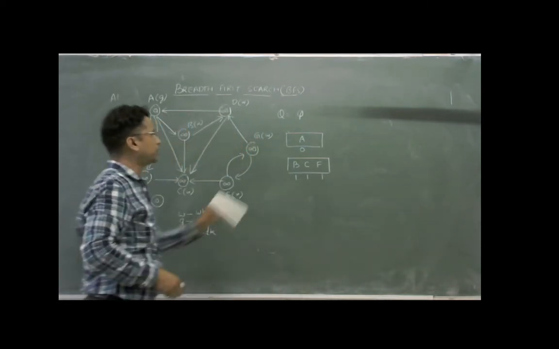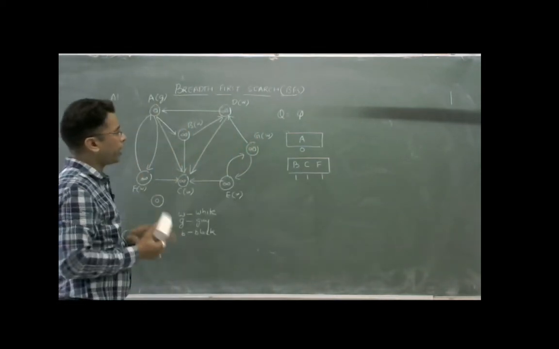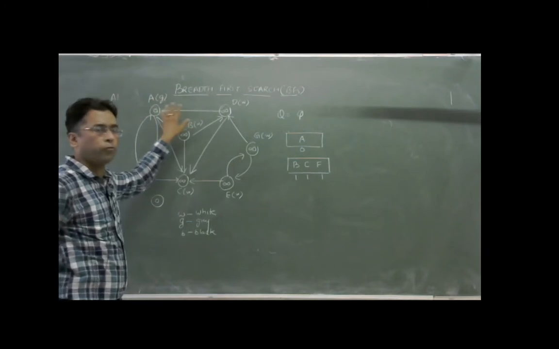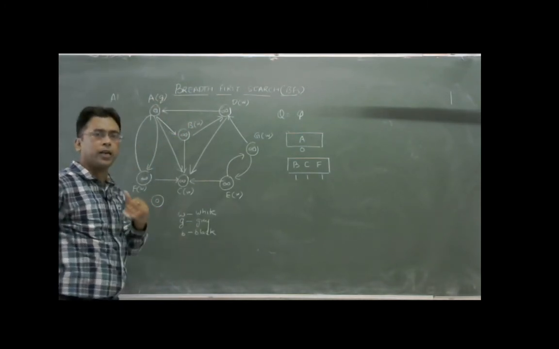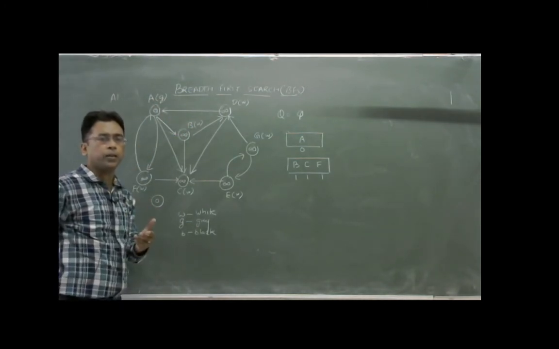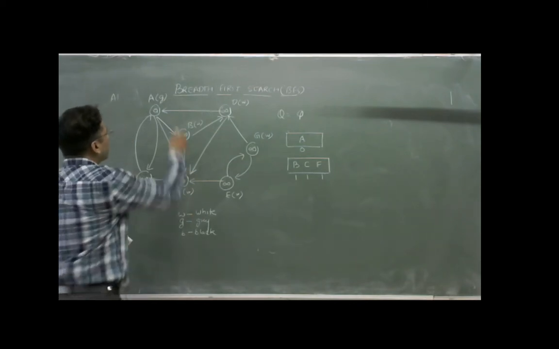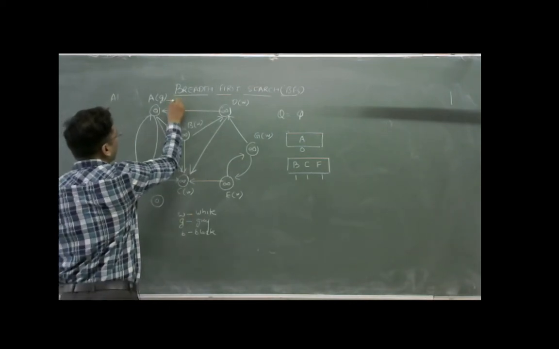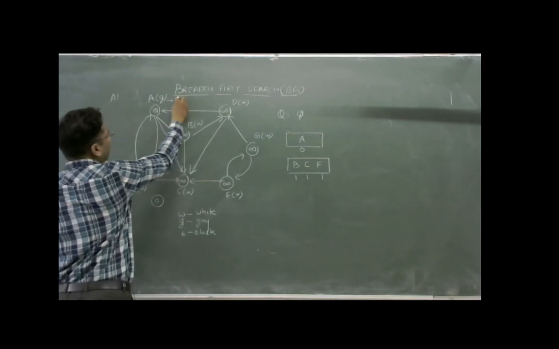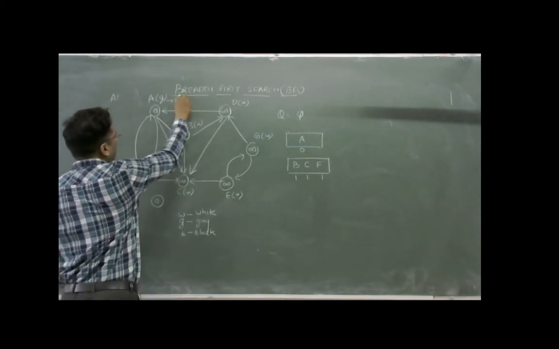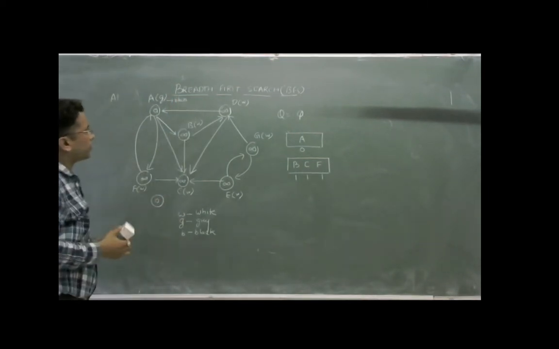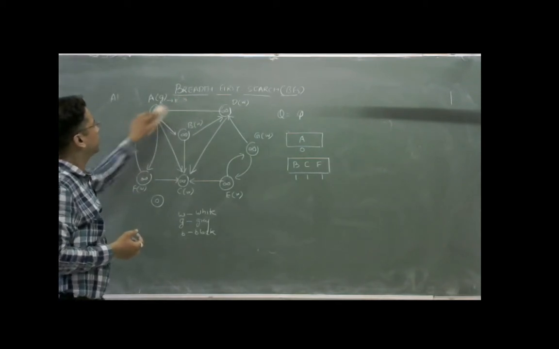I am writing this distance, and as we have discovered all the nodes adjacent to node A, this will convert from gray to black, right?